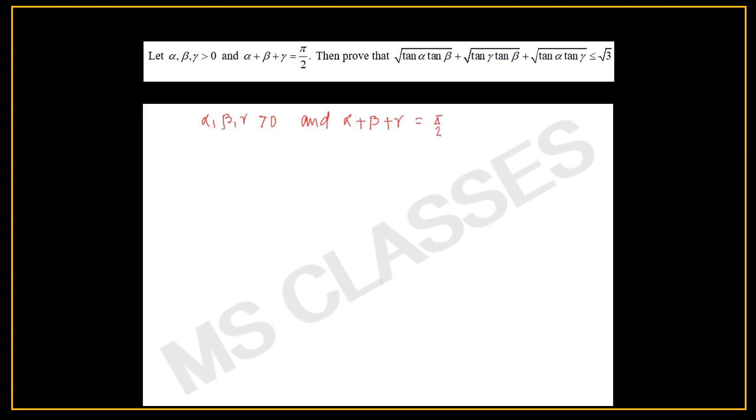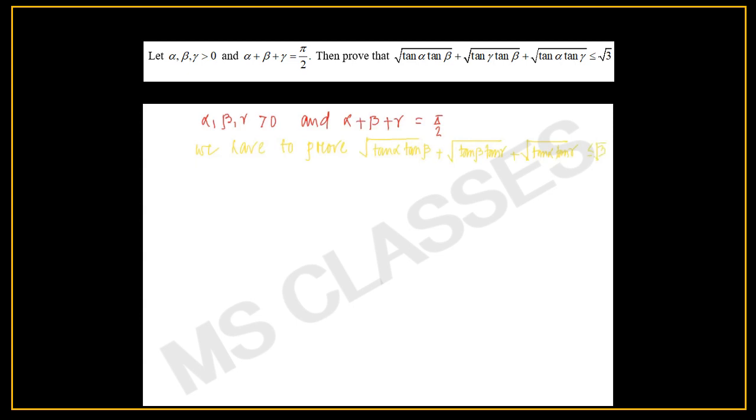We have to prove under root of tan alpha tan beta plus root over tan beta tan gamma plus root over tan alpha tan gamma less than or equal to under root of 3.